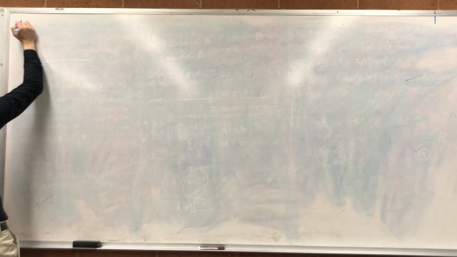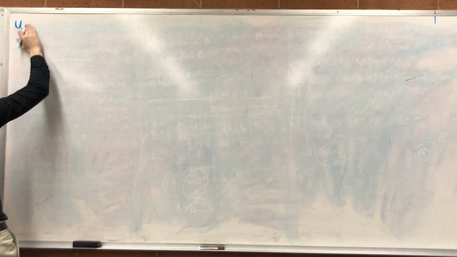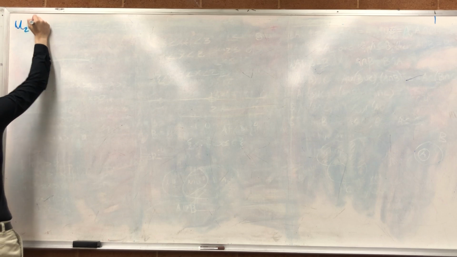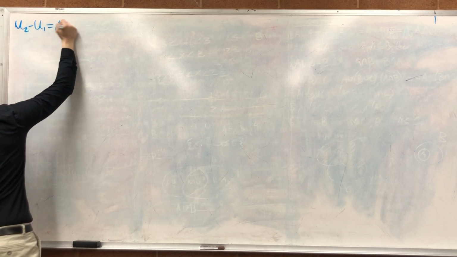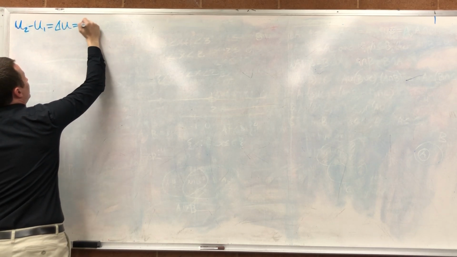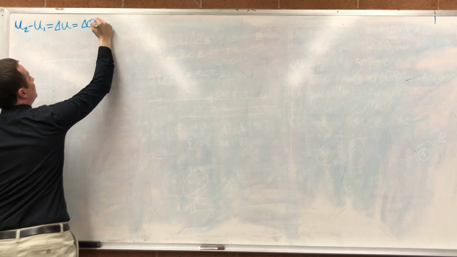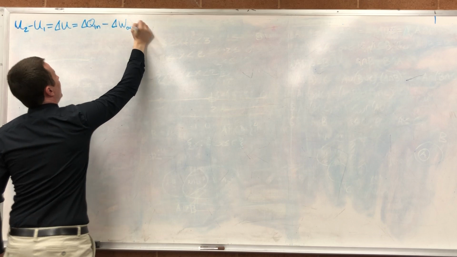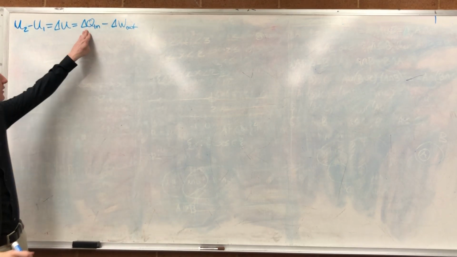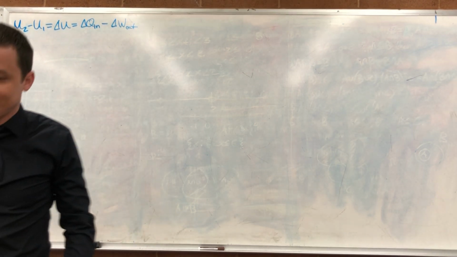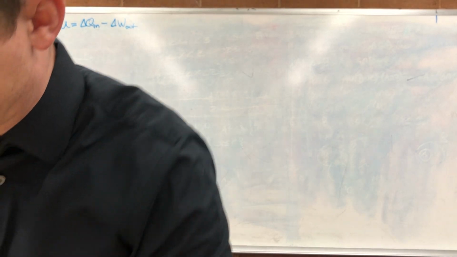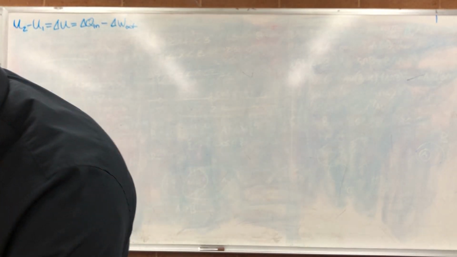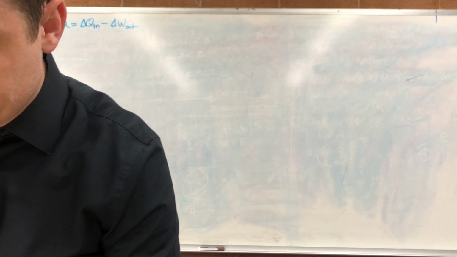Your final energy minus your initial energy, which is the same thing as your change in energy, is equal to the amount of heat into the system minus the work coming out of the system. Energy going into the system, energy coming out of the system. Trying to think about subscripts I could add to help that make the most sense.